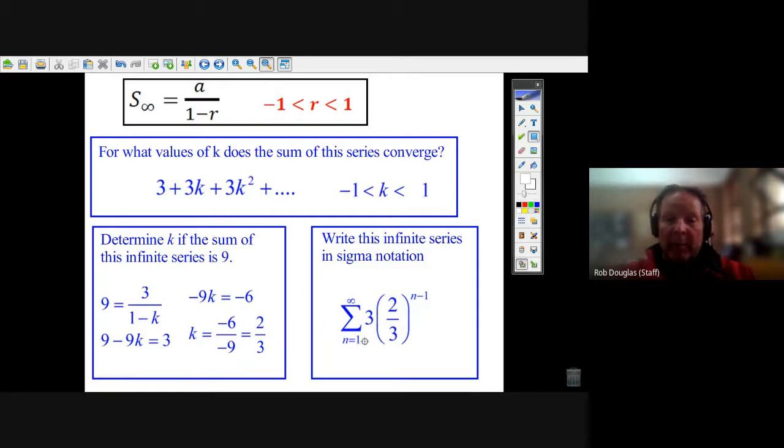If I put the number 2 in, 2 minus 1, I get 3 times 2/3. And it works for all of it. What this means is you put in 1, then you put in 2, then you put in 3, and you keep on putting in numbers, 100, a million, you keep on going into infinity. And if you do that and you add them all up, it will converge to equal 9.